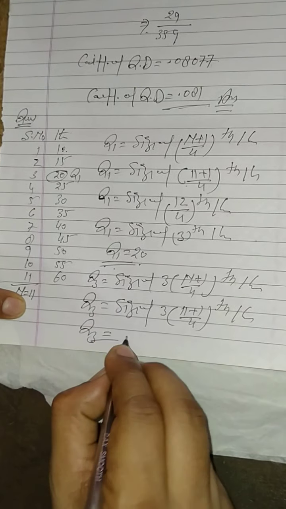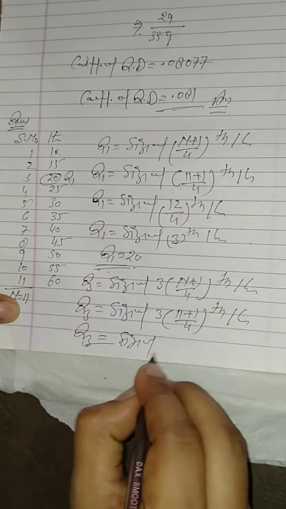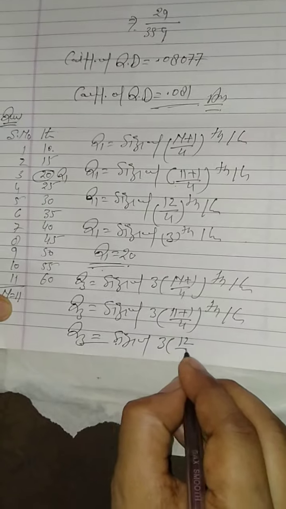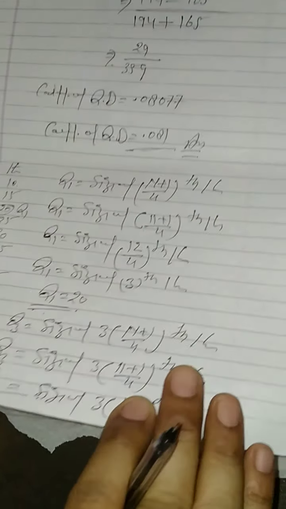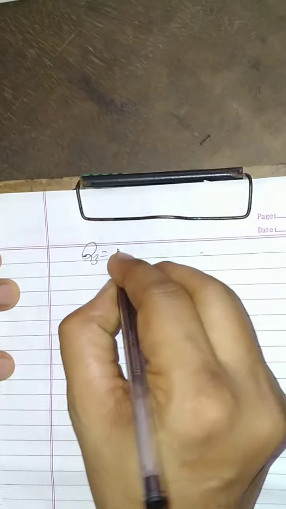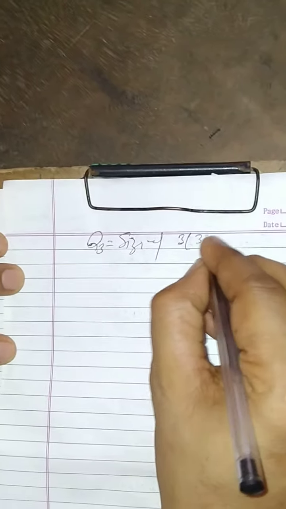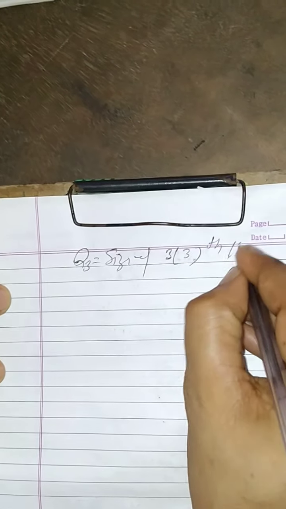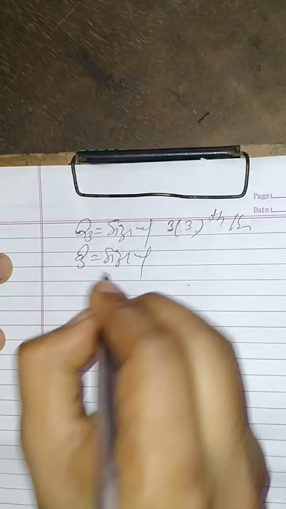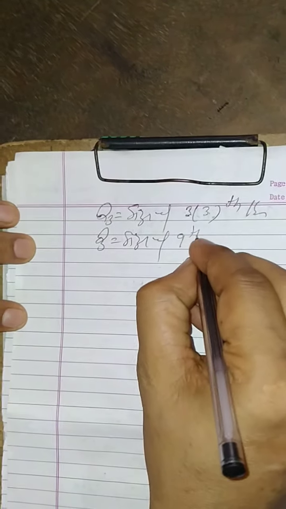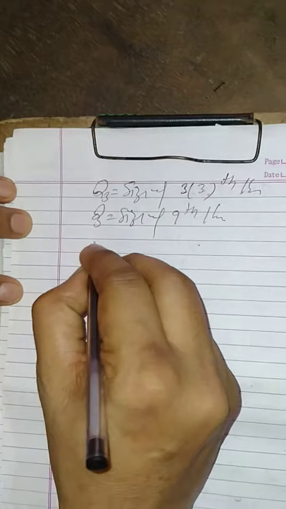So Q3 is equal to size of 3 times 12 divided by 4th item, which is size of 3 into the third item.